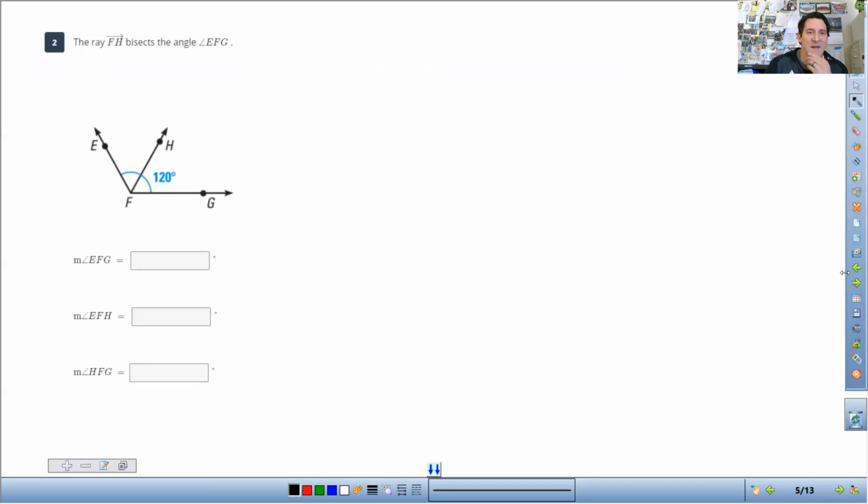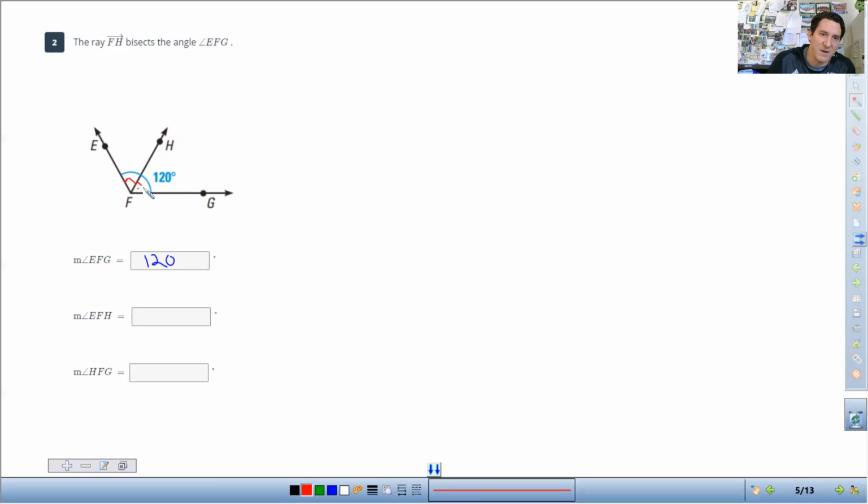So ray FH, this ray coming in the middle here, bisects angle EFG. This arc here is telling us that the measure of angle EFG is 120 degrees. What this bisector does is cut it into two congruent pieces. So I'm going to put in congruency arcs in here.